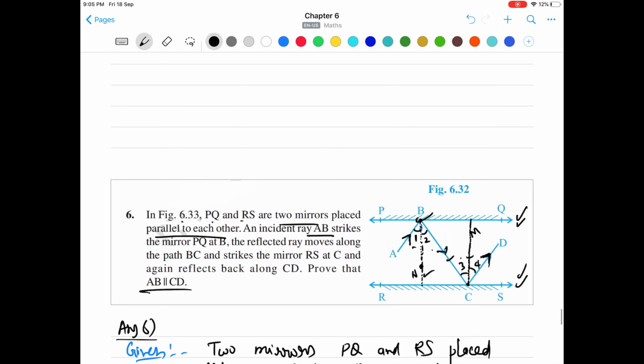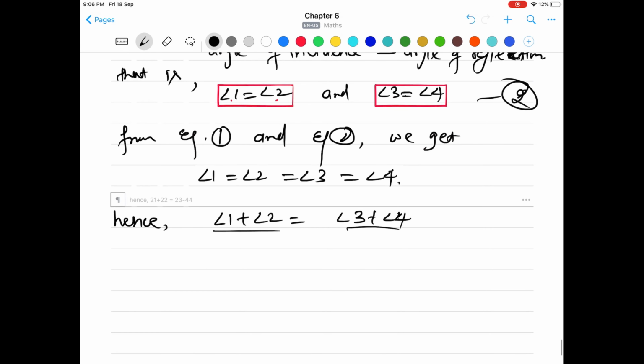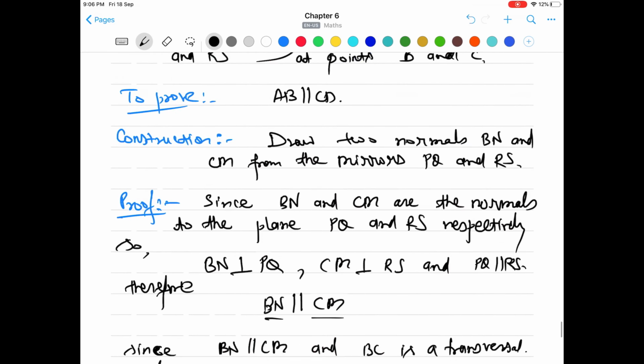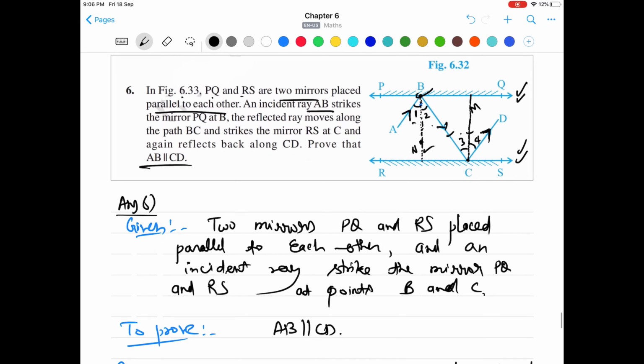The sum of angle 1 and 2 is angle ABC, while the sum of angle 3 and 4 is angle BCD, and these are alternate interior angles. So since the alternate interior angles are equal, therefore by theorem 6.3, these two lines AB and CD have to be parallel.